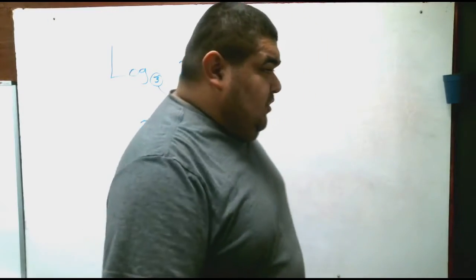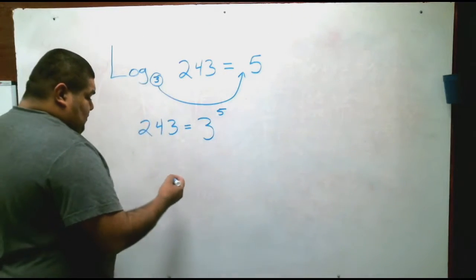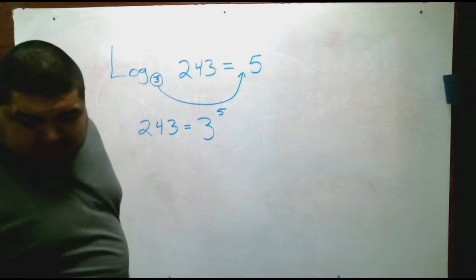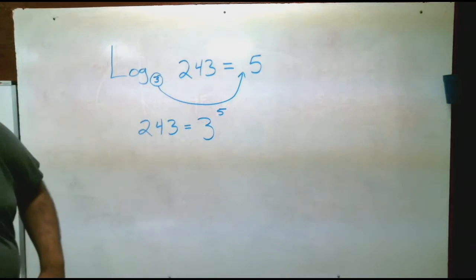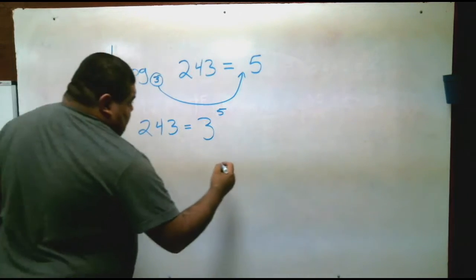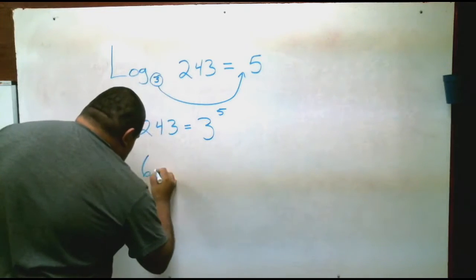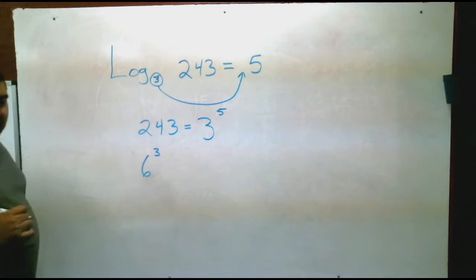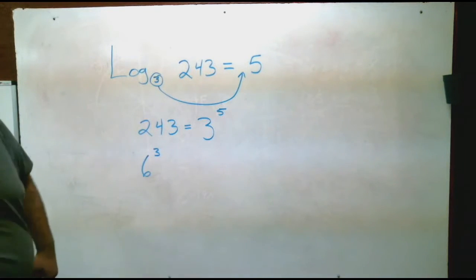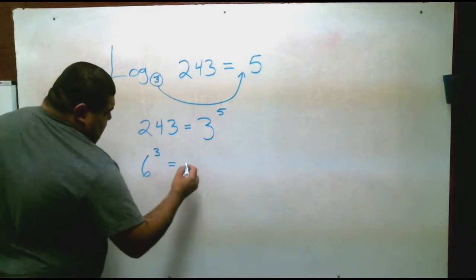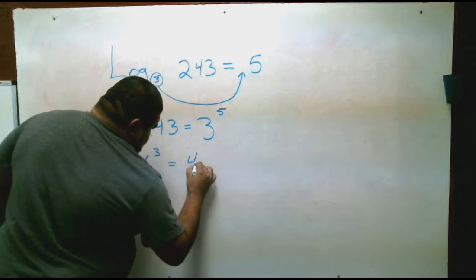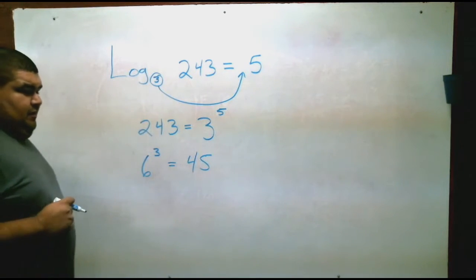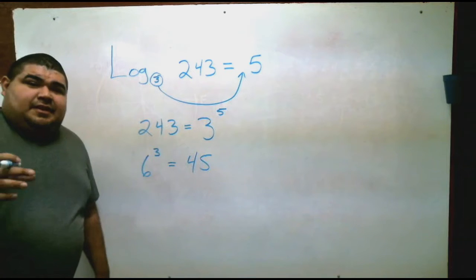The same happens when it's vice versa. When you have an equation, for example, let's say we have 6 to the 3rd power equals 45, okay? The same exact thing happens.